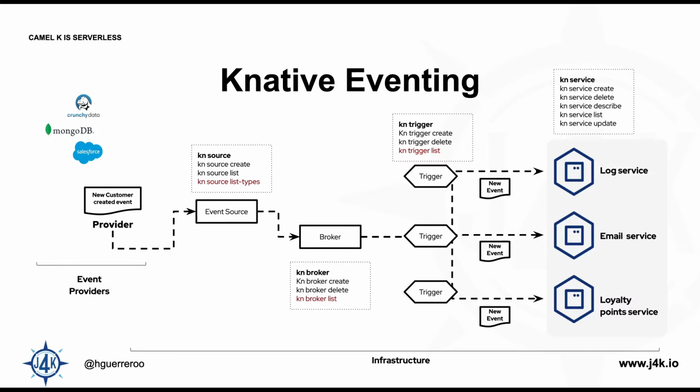We can also have patterns like fan out, where an event comes into the broker and needs to reach different services at the same time. This is one of the interesting things that Knative Eventing allows us to do on top of Kubernetes.